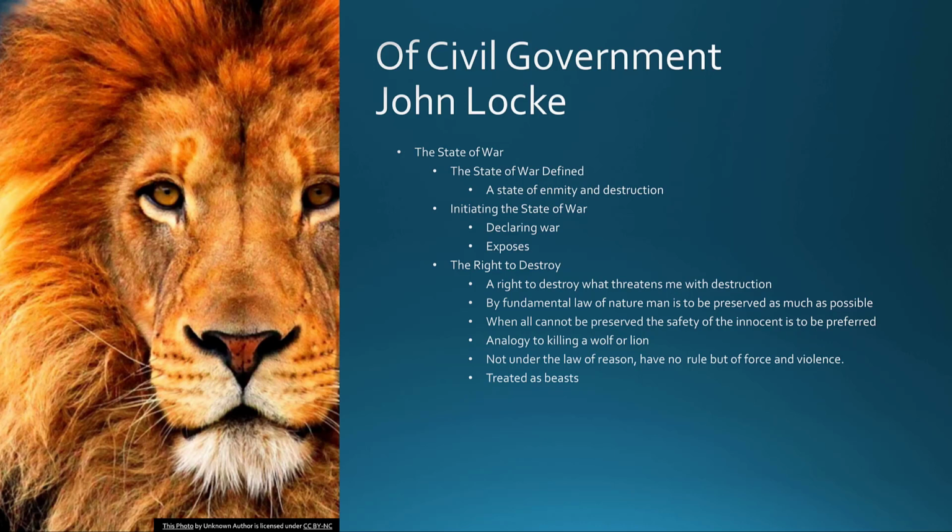The way he sees it is, if you can't preserve the safety of everyone, then the safety of the innocent is to be preferred. So ideally, of course, no one would get hurt. But then, as Locke sees it, if we can't make that the case, then the safety of the innocent takes precedence.